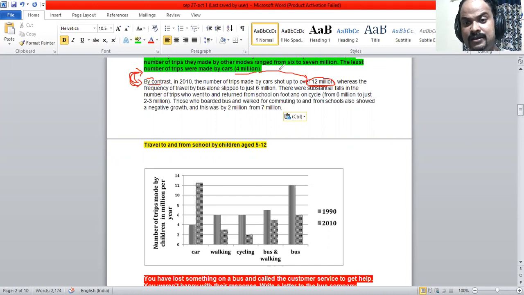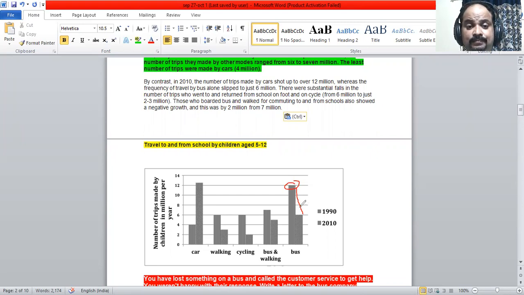It's not distant data, it's very near. So by contrast, in 2010, the number of trips made by cars shot up to over 12 million, whereas the frequency of travel by bus alone slipped to just 6 million.